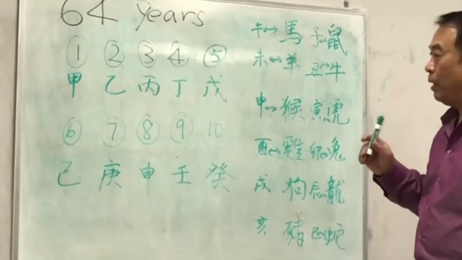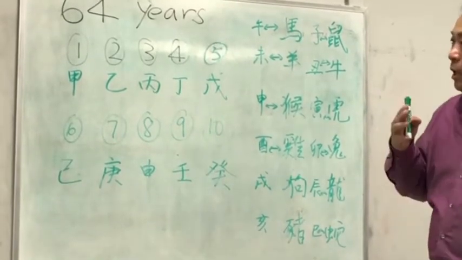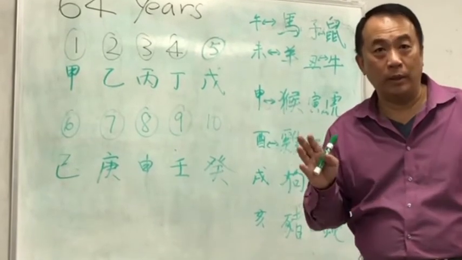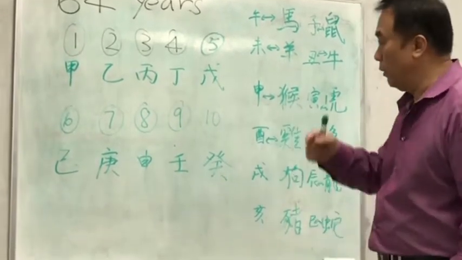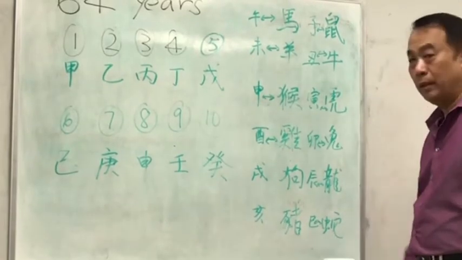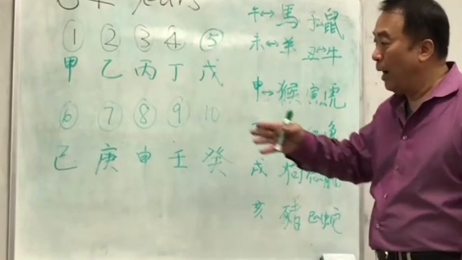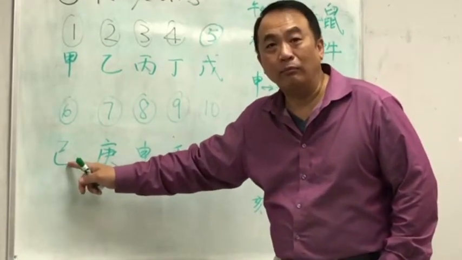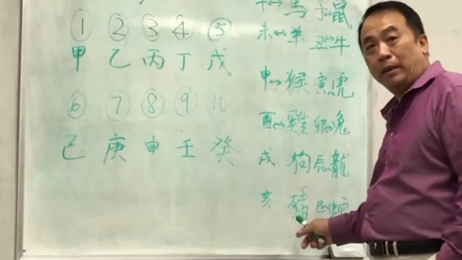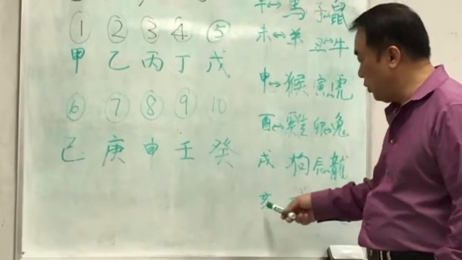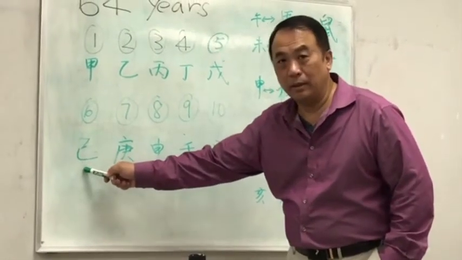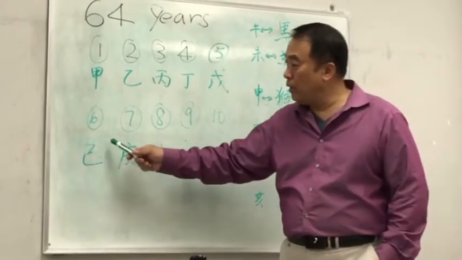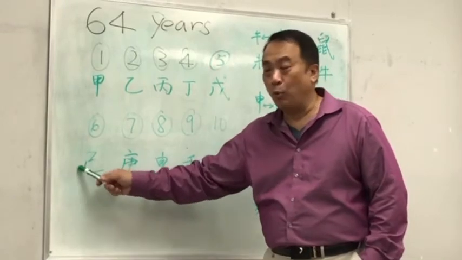Okay. So therefore, in Chinese, we don't write down 2019, 2020. We will say, for example, this year is the pig. I will not know how many hundreds of years, how many times after the pig, but I know this year is Ji Hai, the pig. And later on, I will explain this one.